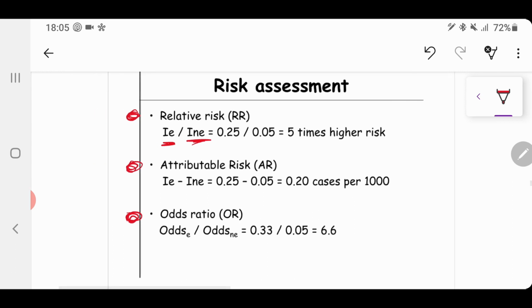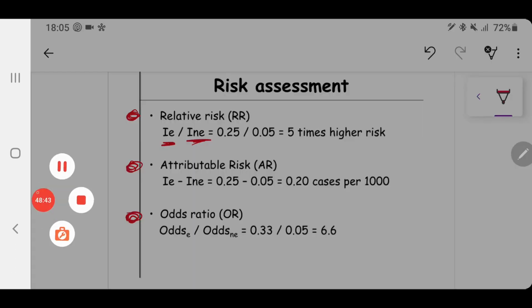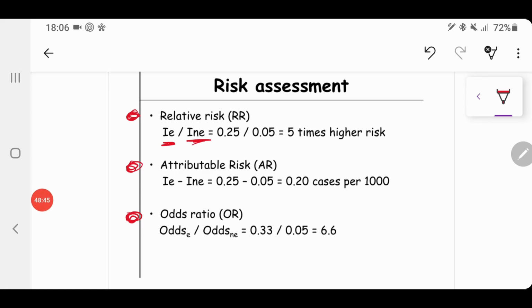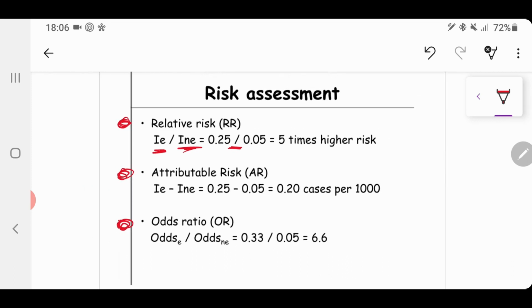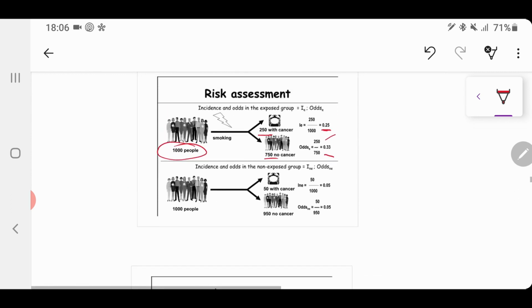And so what is relative risk? So relative risk, here we have to do a division function. This gives us an indication of the increased or decreased factor in being contracted with that disease. So here we can see there's a 5 times factor for gaining a disease when we have incident exposure 0.25 and incidence non-exposure 0.05.